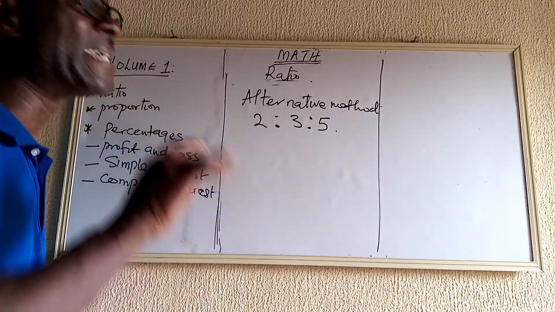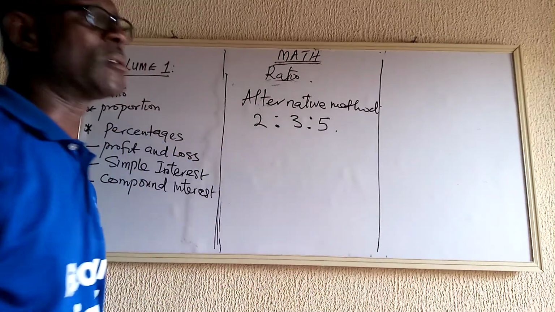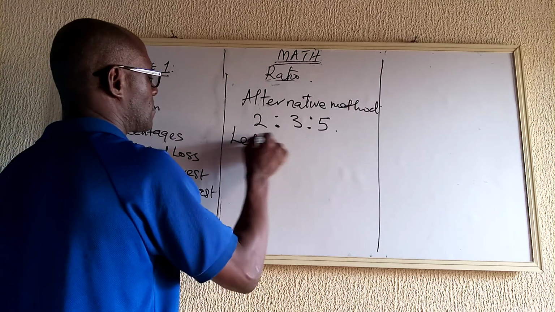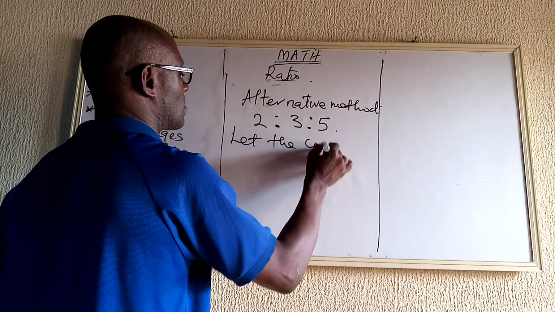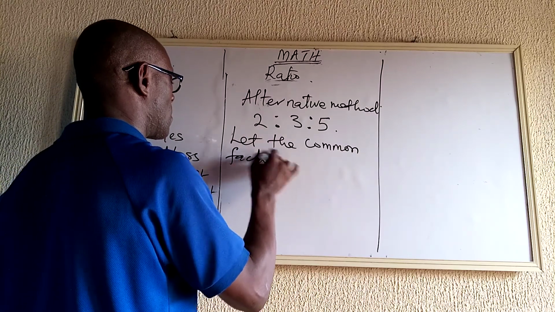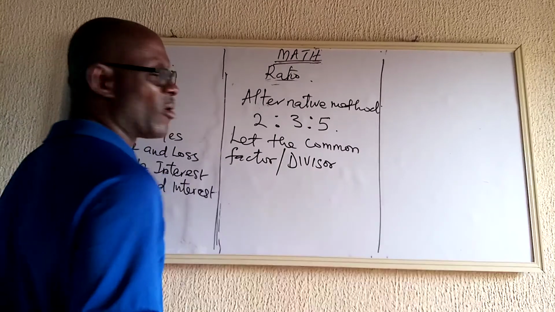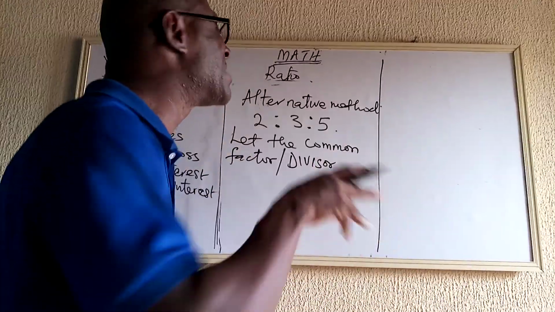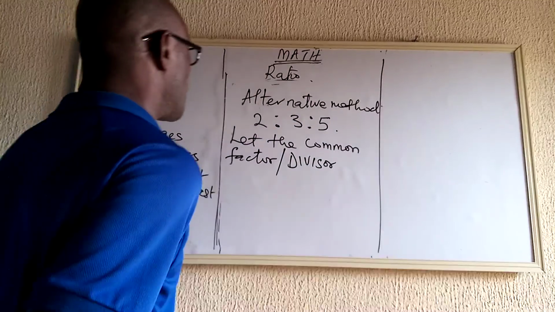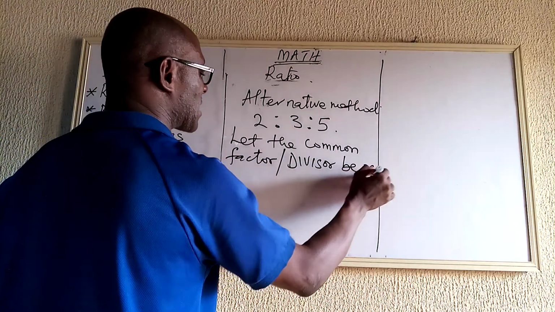Our unknown here is the common factor used to arrive at 2, 3, 5. So let the common factor be x. I may call it divisor because it must have been used to divide the original value of the share to arrive at 2, 3, and 5. So let the common factor or the common divisor be x.